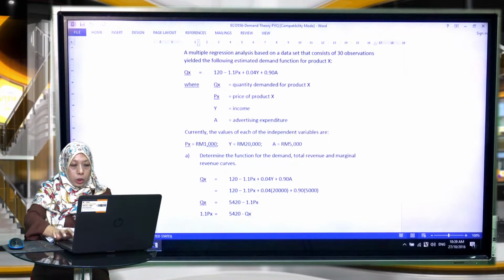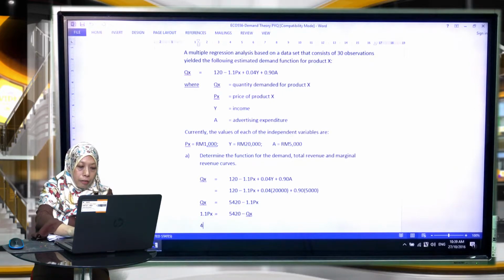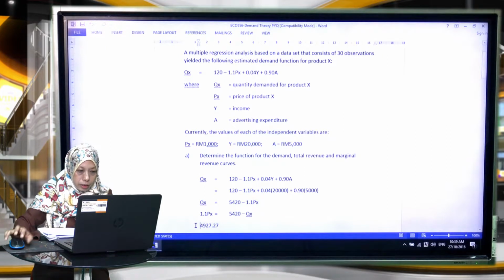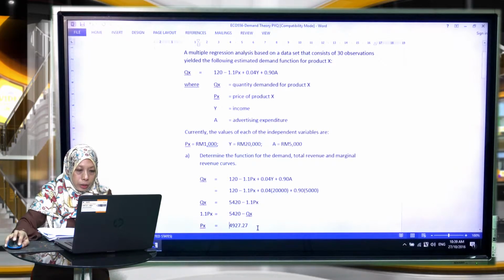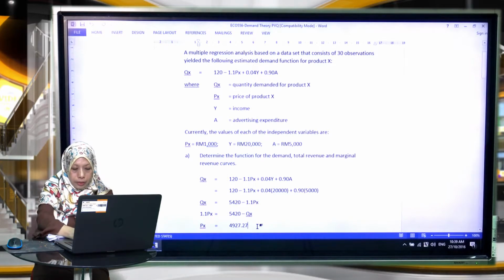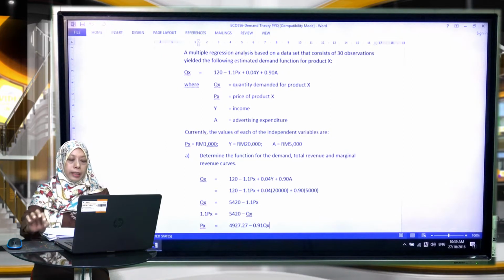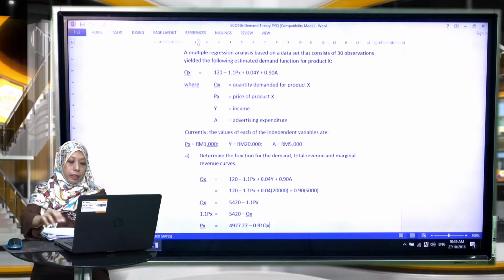You need to divide both sides by 1.1. So you're going to end up getting 4927.27. Sorry, so Px would equal 4927.27 minus 0.91 Qx. This is your price function.